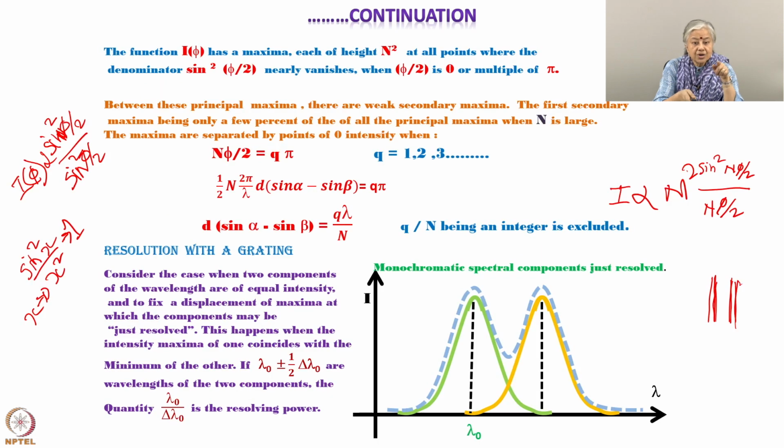You can derive it from one of these equations. I am calling this factor P just to make life a bit easier, and q lambda by n, exactly this formula.